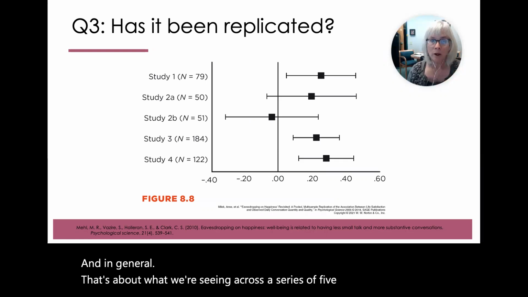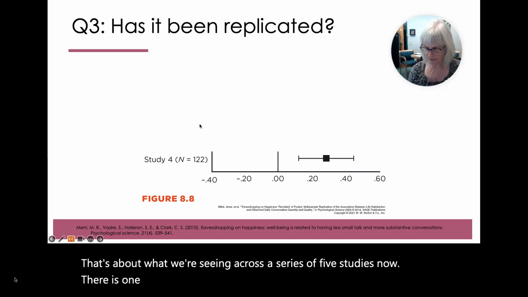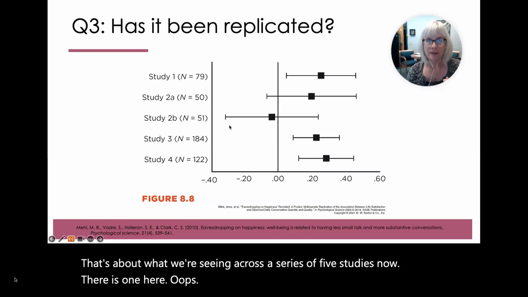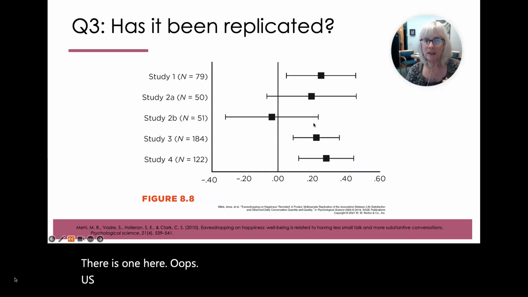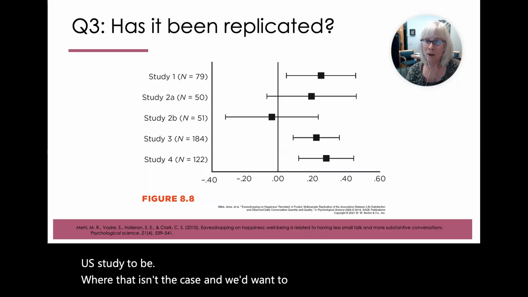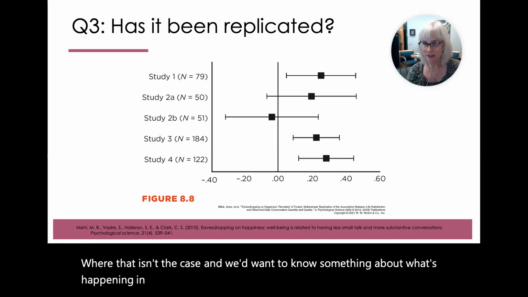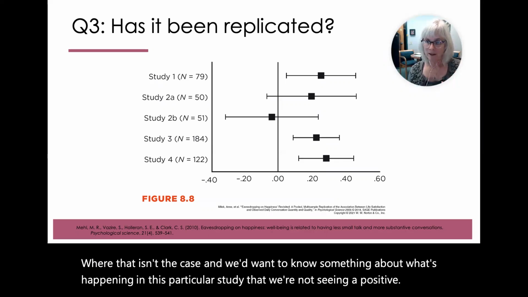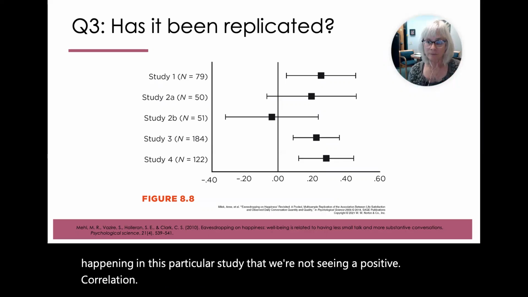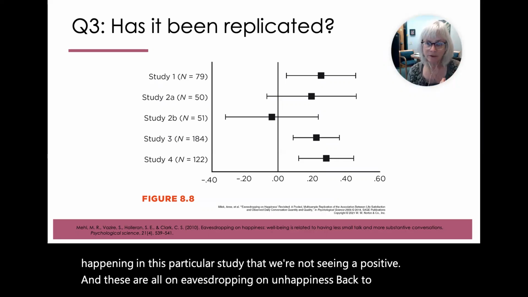Now, there is one here, study 2B, where that isn't the case. And we'd want to know something about what's happening in this particular study that we're not seeing a positive correlation. And these are all on eavesdropping on happiness, back to Mehl's research.